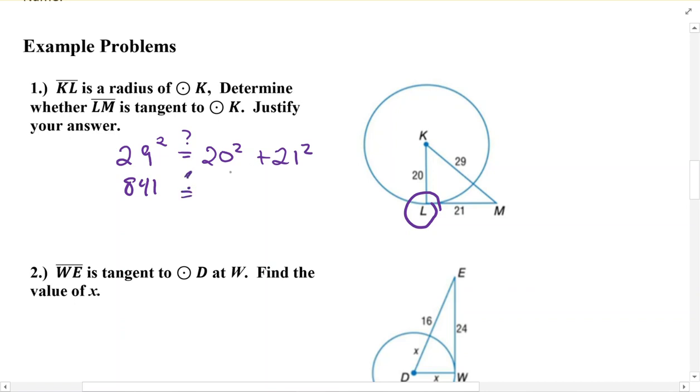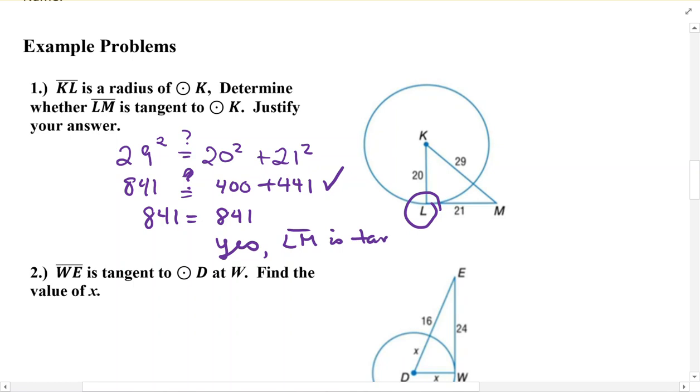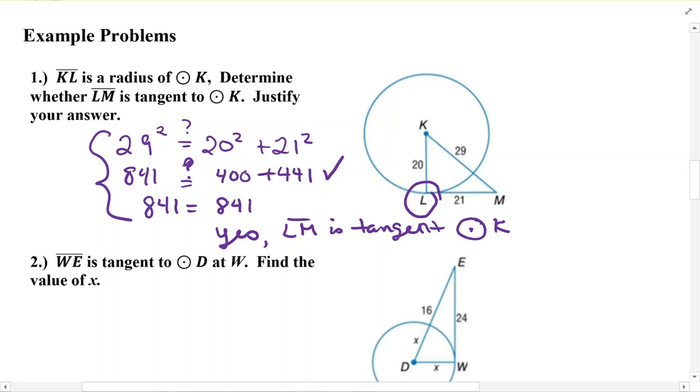Does that equal 20 squared, which is 400, and 21 squared, which is 441? That does equal each other. 841 equals 841. So yes, LM is tangent to circle K. And this right here is our justification. That's what you would have to show to justify that answer.